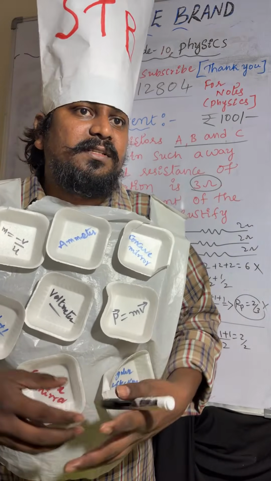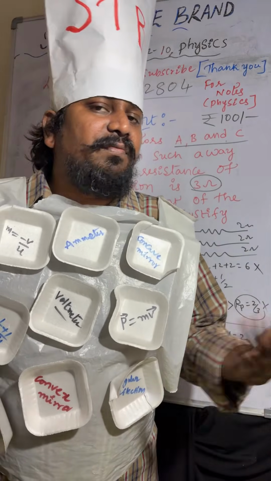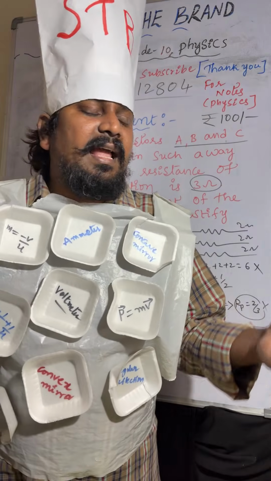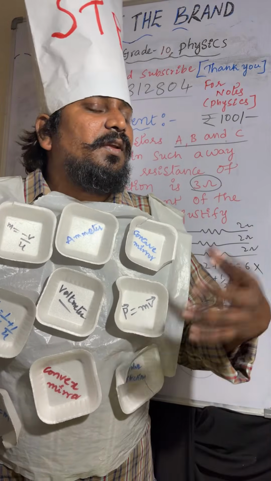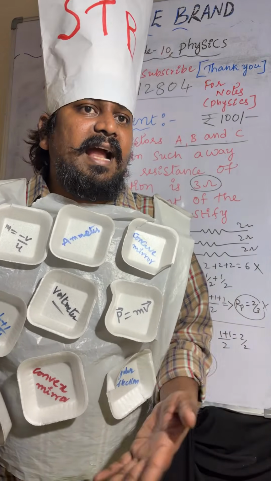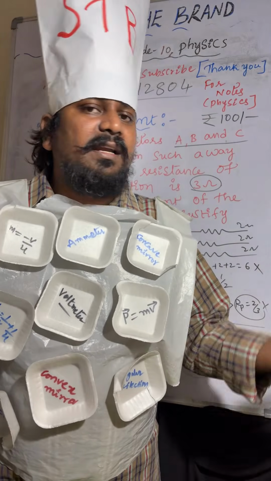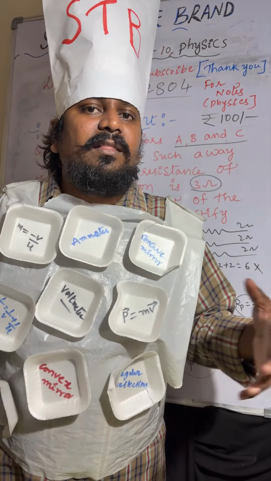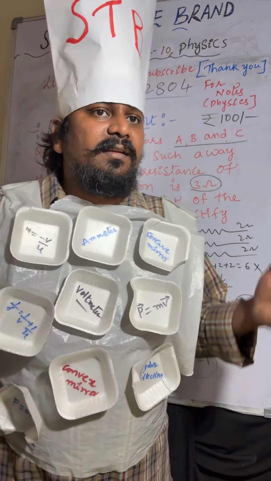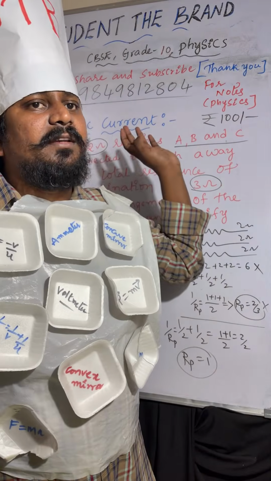Definitions are very important, like reflection, refraction, refractive index, absolute refractive index, critical angle, total internal reflection, human eye parts and function, myopia, hypermetropia, cataract, like that. So many definitions you'll get. I wrote all these as handwritten notes. You'll get them for 100 rupees. Those who want can contact that number.